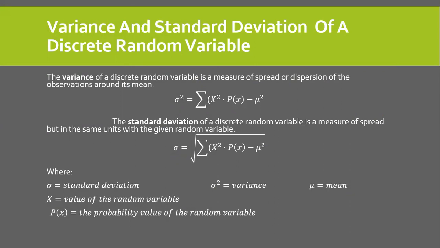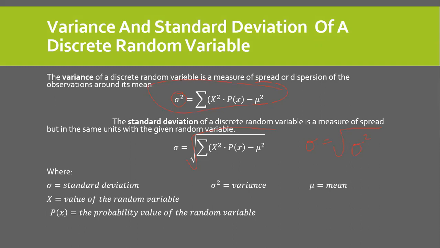So, these are our formulas. The first formula is for variance. Remember that for variance, it is squared. And for the standard deviation, it is just the square root of the variance. Standard deviation is equal to the square root of your variance.